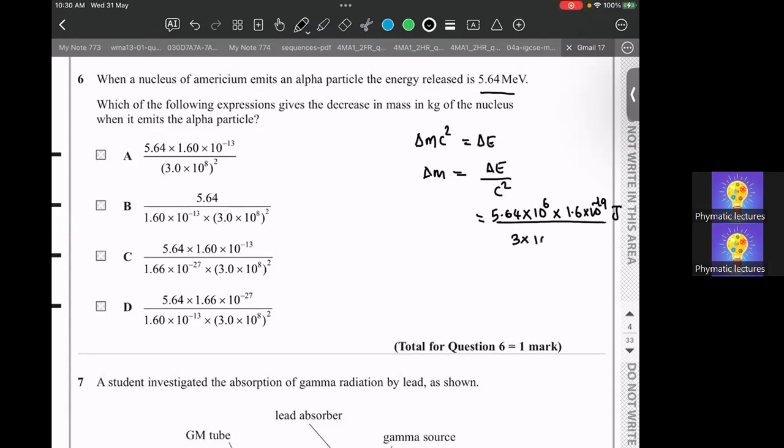What is the speed of light? 3 into 10 raised to 8, whole square. So if you evaluate this, we get 5.64 times 10 to the power of 6 and 10 to the power of minus 19. Multiplying, we get 1.60 into 10 raised to minus 13 divided by 3 into 10 raised to 8 whole square. So which is the correct option for this? The correct option is A. Hope you got it.